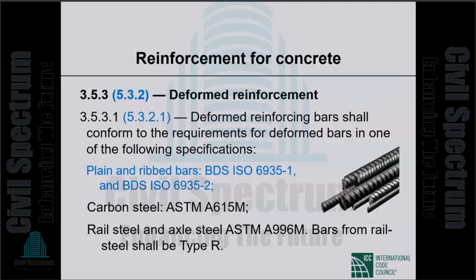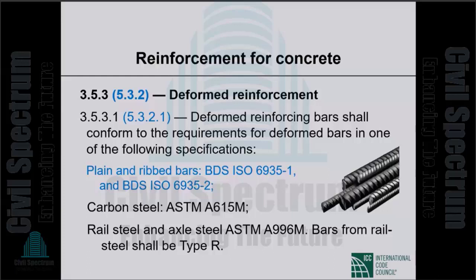Now in the US, the vast majority of reinforcement is ASTM A615, but particularly in seismic applications, and I would say increasingly, we have A706 reinforcement. The difference between the two: A706 is weldable reinforcement, A615 is not. A615 reinforcement requires special treatment if we are going to weld it.